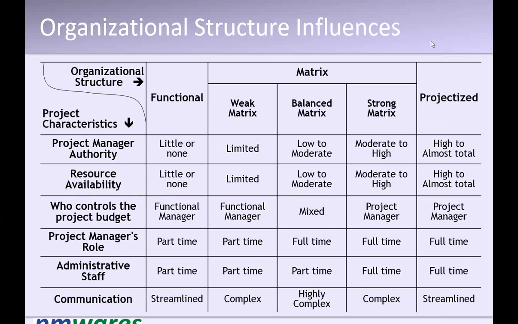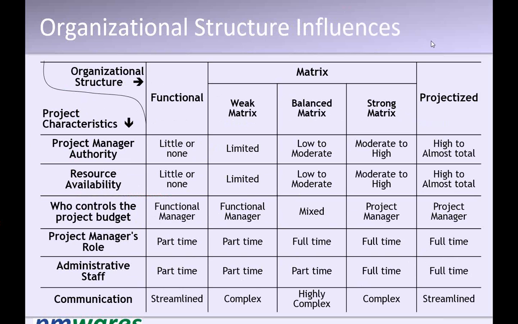He is doing his functional work along with the project. The project management responsibility is normally an additional responsibility. From the functional manager's point of view, his first priority is his function and second priority is the project. So the project coordinator is also part-time and not fully committed to the project. Administrative staff, yes, this is also part-time, and the communication is streamlined because there is only one way to communicate. So here the function flourishes but the project suffers.